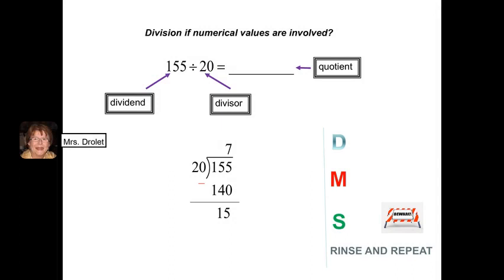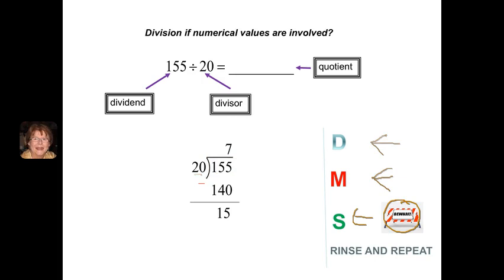So here's a review of the steps that you did. First of all, you placed your long division sign, you placed the dividend, and you divided by the divisor. Then you divided, you multiplied, and you subtracted. You've always got to be careful when you subtract.